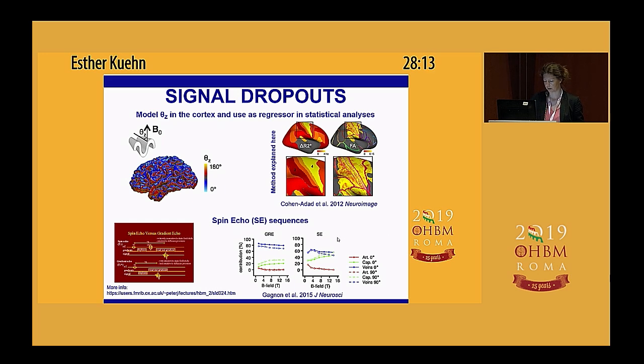So this is also what you see here. Spin echo sequences do have the problem of being a bit slower compared to gradient echo, but it is still a possibility, for example, for very robust block design experiments.